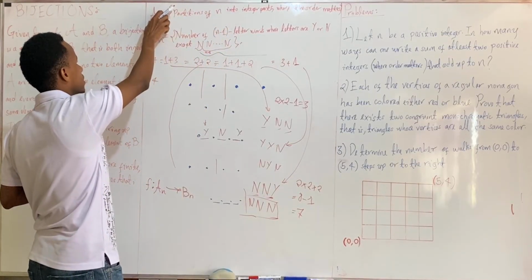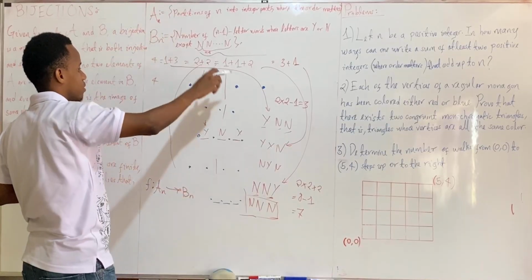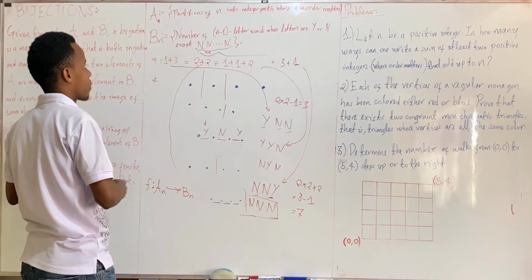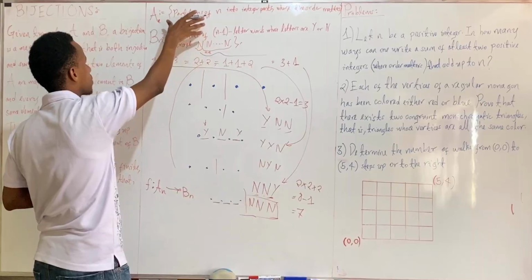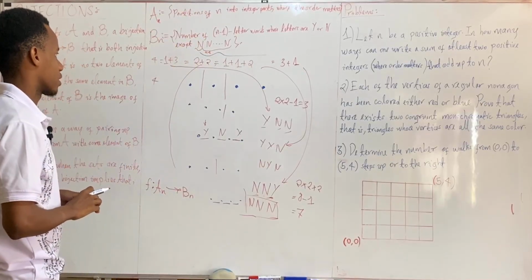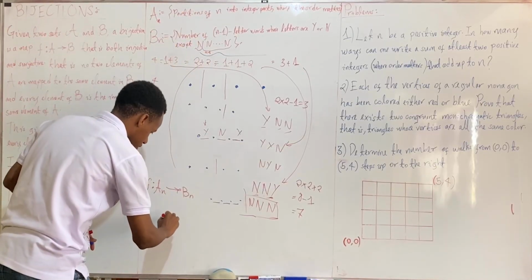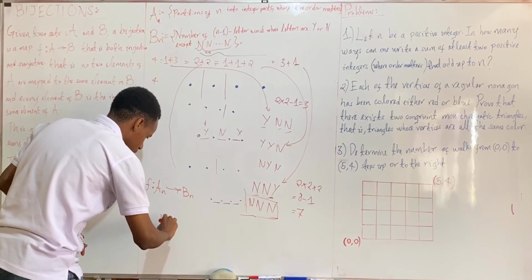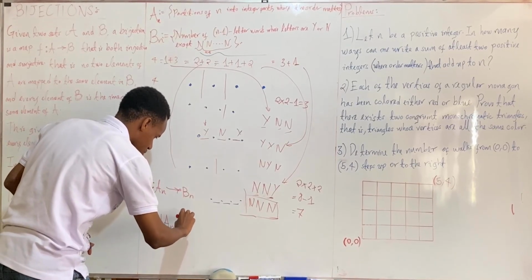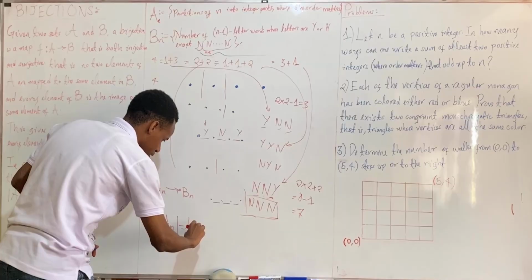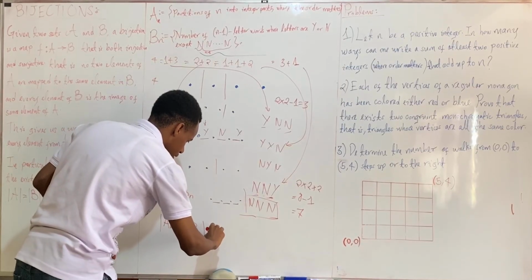Whenever you have this set A_n and this set B_n, we define the bijective function, and in this case B_n is easier to calculate compared to A_n, which makes us conclude that A_n has to be equal to B_n.